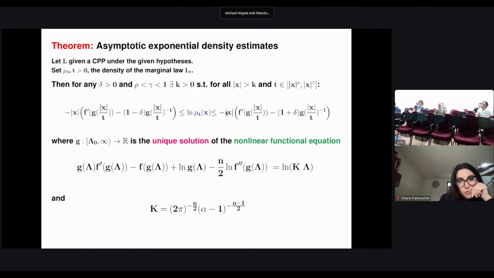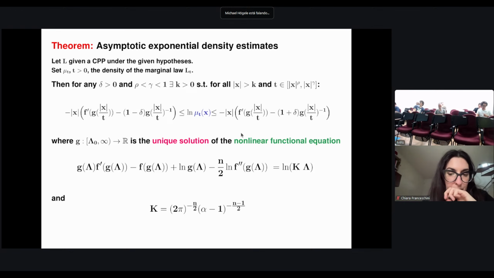What you get is that the logarithm of the density has an upper and lower bound for large values of x, where x is the variable we're looking at, and we have very fine estimates of this kind.